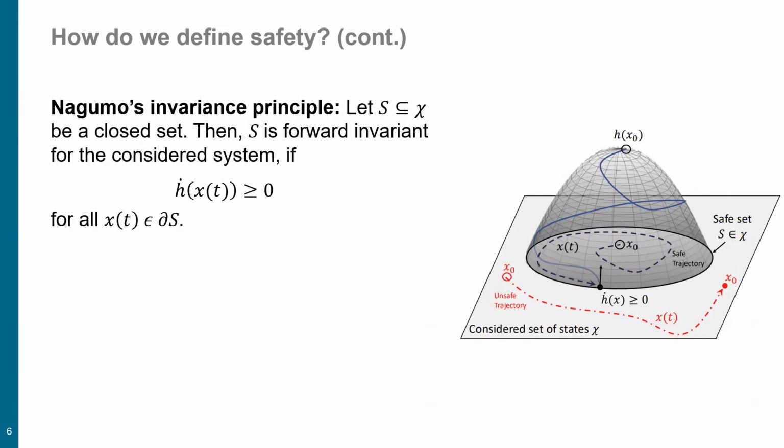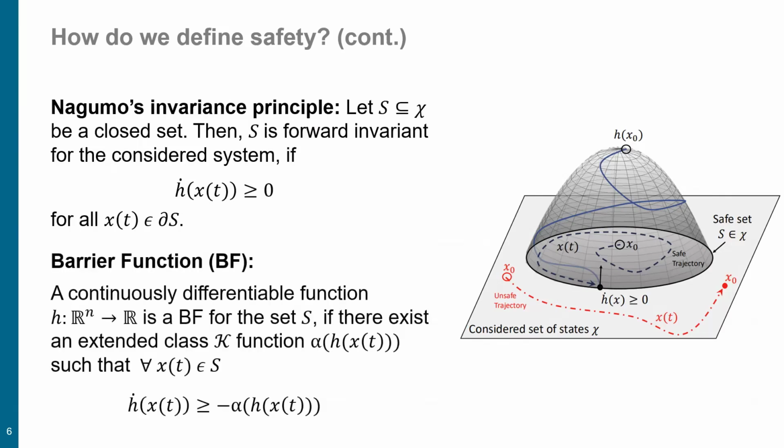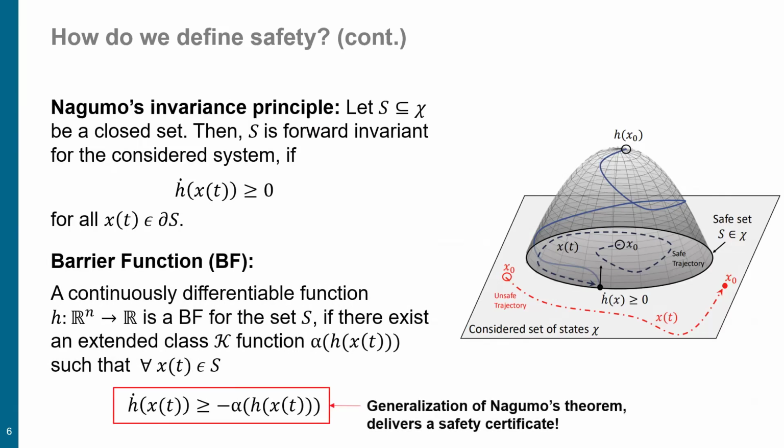So we need something smoother, and some folks, I think the first one is debatable, there was some research in the early 2000s, and I think the first one who ever came up with a similar idea as Ames in 2014 was Frank Algöwer and one of his PhD students, who came up with this formulation. And the idea is to generalize this very strict Nagumo invariance principle to all locations within the safe set.